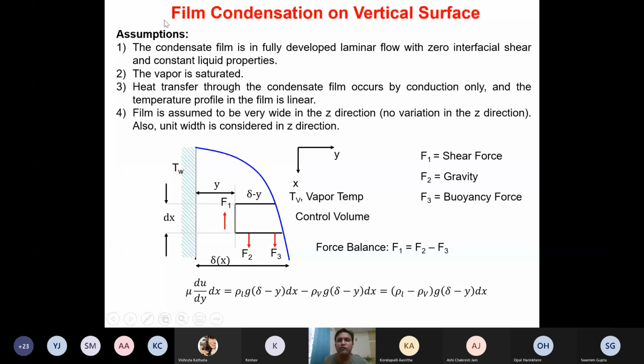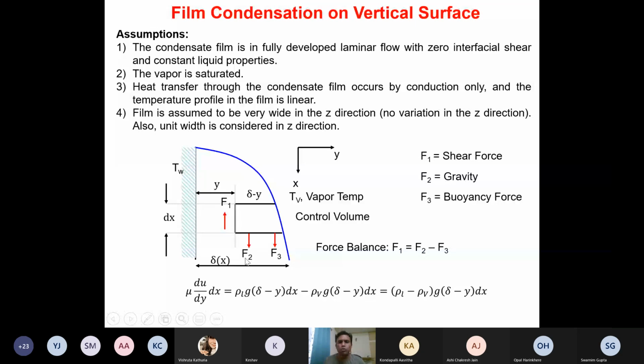The condensate film is fully developed laminar flow with zero interfacial shear and constant liquid properties. What it means is that the properties of the liquid in this particular film are uniform. Also, we are assuming that this film is fully developed, that means the wall effects are neglected.